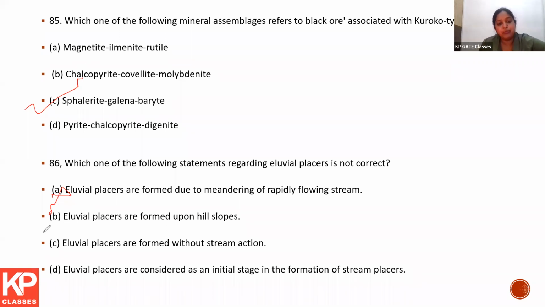Actually, eluvial placers are formed upon hill slopes, without stream action. Yes, eluvial placers are considered as an initial stage in the formation of stream placers. So the right answer is option A. So here option C is the right answer. Option A is the right answer in the second question.